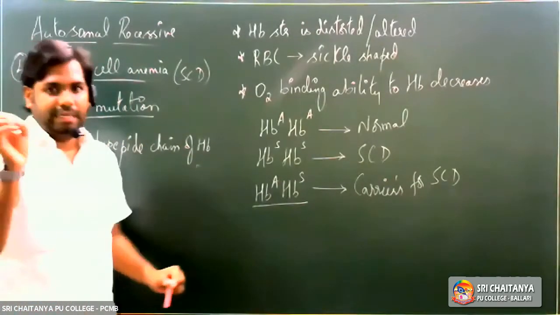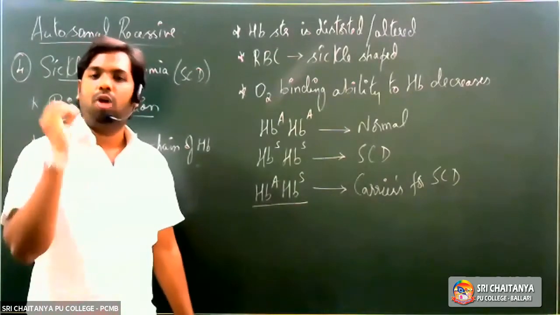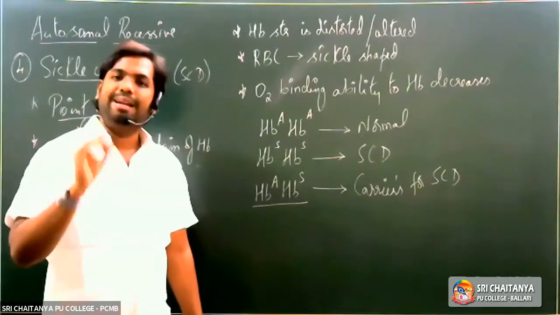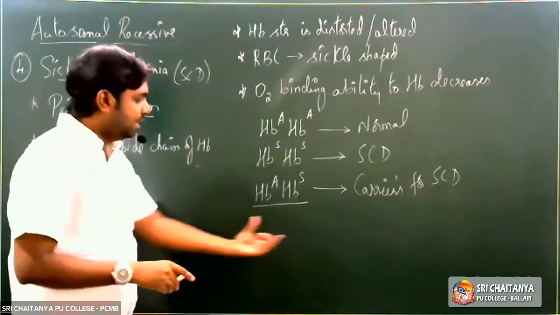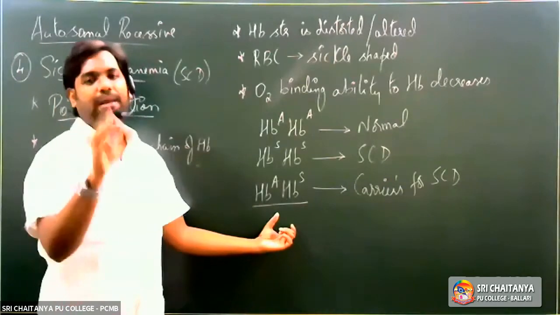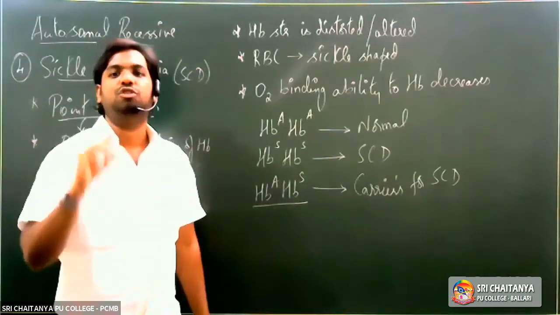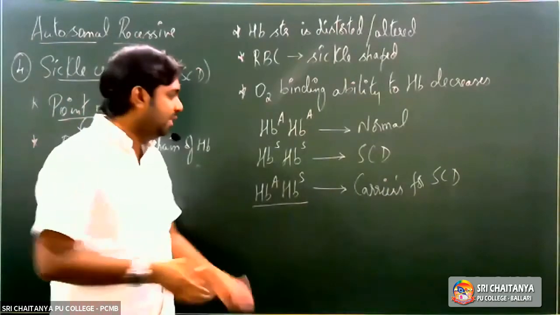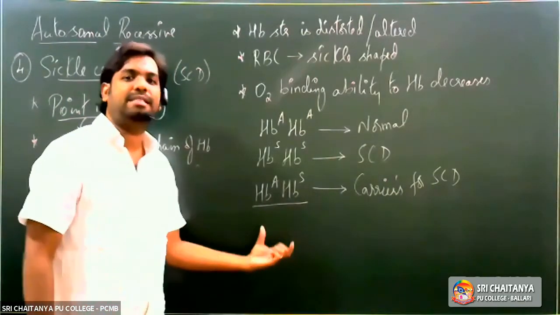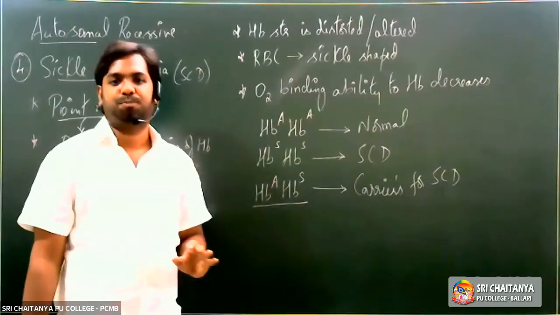In normal conditions, when there is enough oxygen available, this individual will start producing normal RBCs. So as long as enough oxygen is available, these individuals, who we call carriers, will produce normal RBCs.